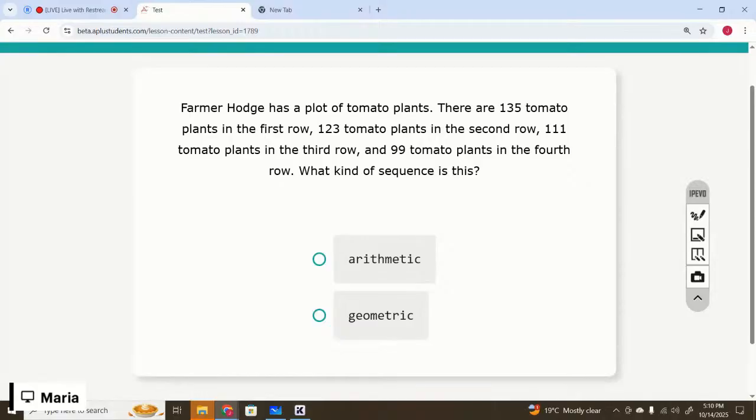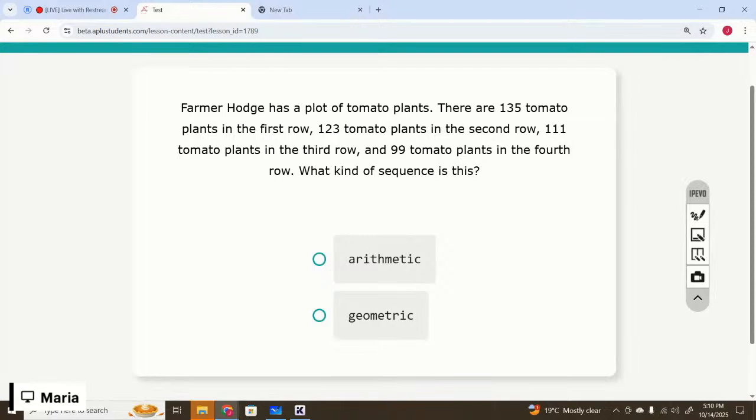Farmer Hodge has a plot of tomato plants. There are 135 tomato plants in the first row, 123 tomato plants in the second row, 111 tomato plants in the third row, and 99 tomato plants in the fourth row.